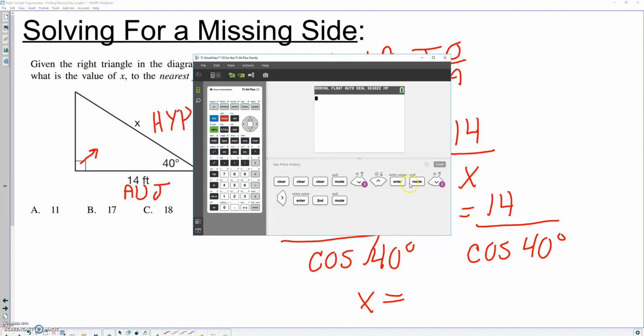And now we want to type in 14 divided by cosine 40. So I'm going to do alpha y equals. So we got 14 divided by cosine of 40 degrees.